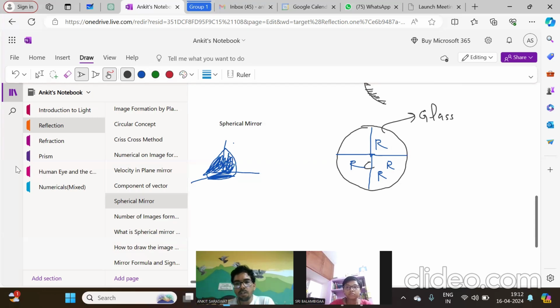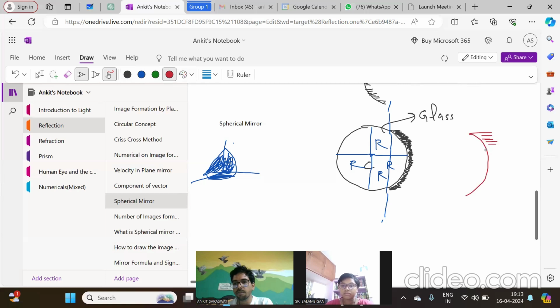So if you polish this bulging part like this, if you polish the surface, and you cut a section of the sphere like this and do the polish on the bulging part, then after cutting you will get a mirror like this.